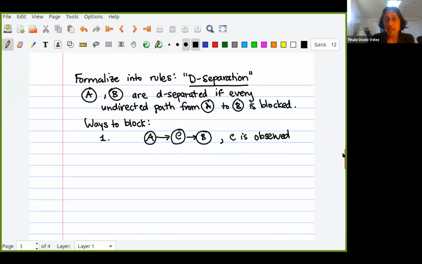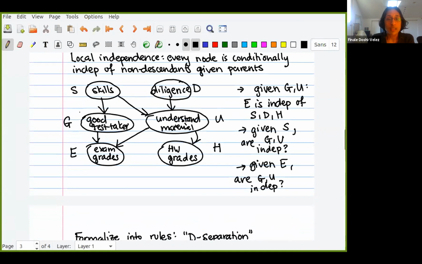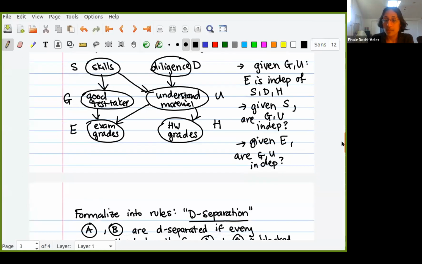What's going on here is very similar to us saying that if you observe that this person is a good test taker and that they understand the material, then their exam grades become independent of their skills. So the paths, these are like these ABC type paths over here. Both paths from skills to exam grades have been blocked. And so we have independence between those when we observe G and U.